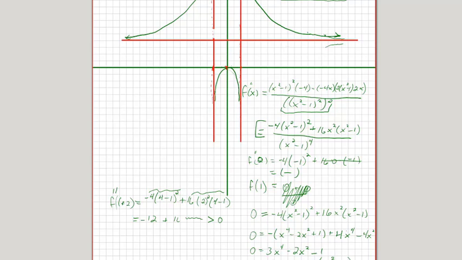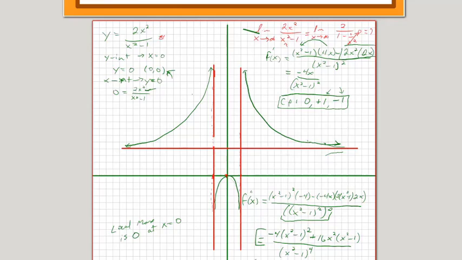We only had one extrema in the interval negative 1 to 1, and we knew that the second derivative was negative, so it's concave down, which means that has to be a local max. So we have a local max at, or our local max is 0, the y value, at x equals 0, the x value.